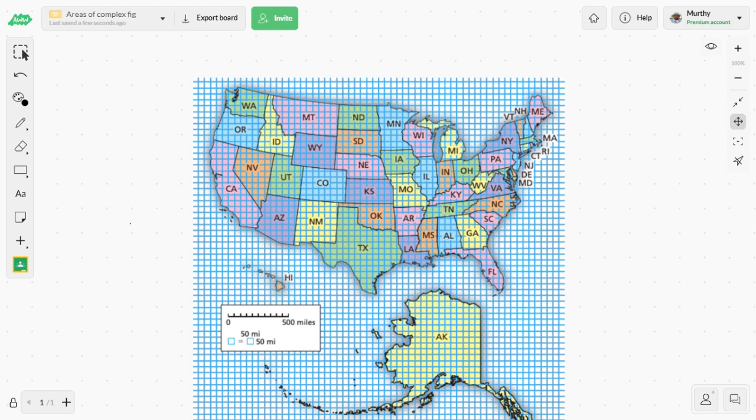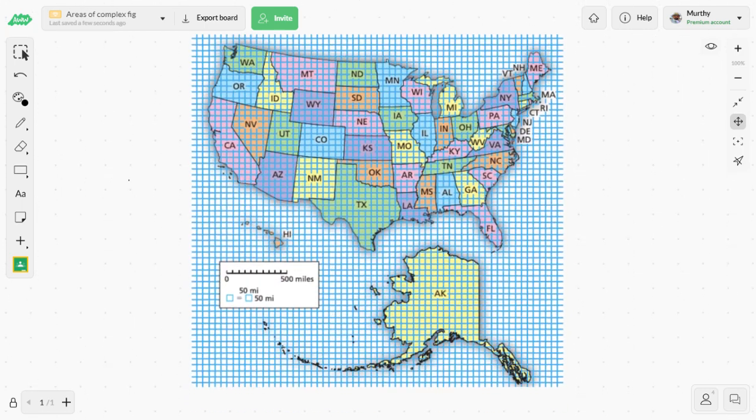Here I see that all these states are like pieces of cake, but some of the states are not really having a proper shape. Look at Texas, this one does not have a proper geometrical shape.